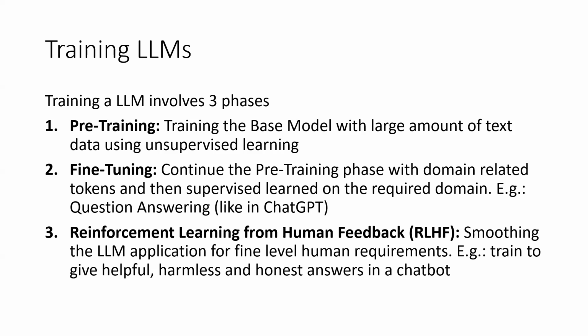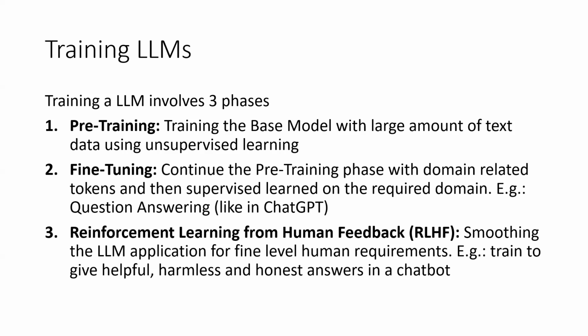So we have to use human feedback to refine the conversation with the LLM. In this case, when it is a chatbot, right? So you have to train this LLM with human feedback. So that is the third phase.